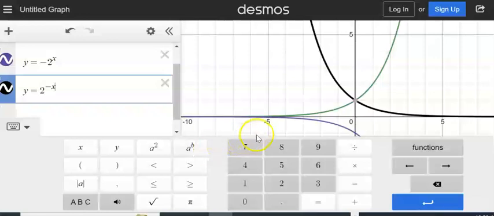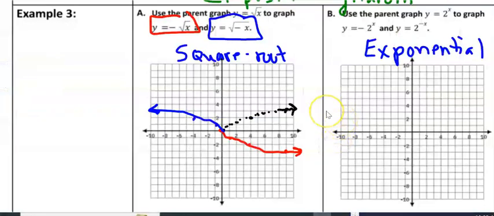Okay. I don't need to put that graph on your notes, do you? You already have it, don't you? Okay, 2 to the 0 is 1, 1/2, 1/4. 2 to the 1 is 2. 2 squared is 4. 2 to the 3rd is 8.